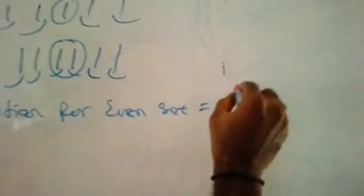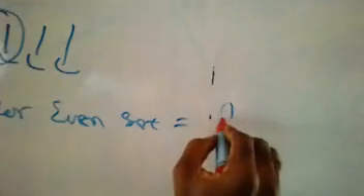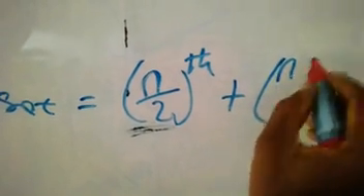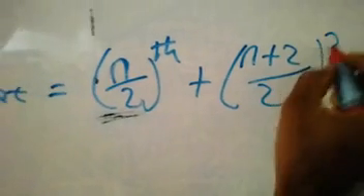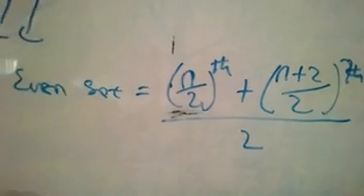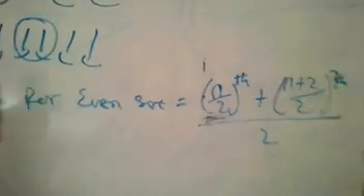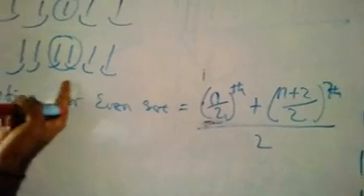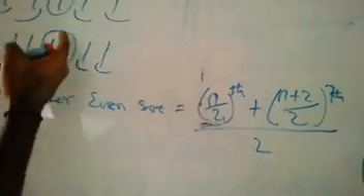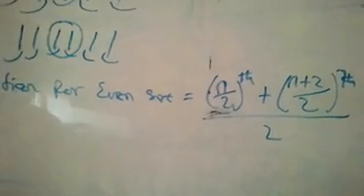The median for even sets is the n over 2th term plus the n plus 2 over 2th term, all divided by 2. We'll still explain this better. What it means is simply that if the set of numbers is even, the two numbers in the middle should be added and divided by 2.